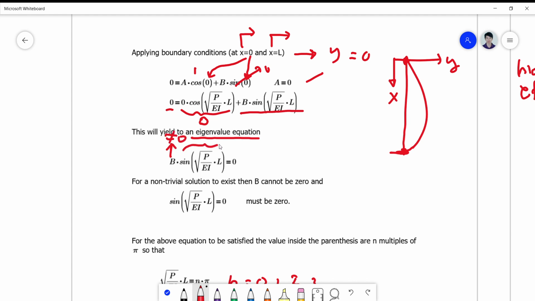This is just logic: B cannot be 0, because if B is equal to 0, then you have a trivial solution. So to have a non-trivial solution that must exist, B cannot be 0, therefore sine square root of P over EI L is equal to 0.